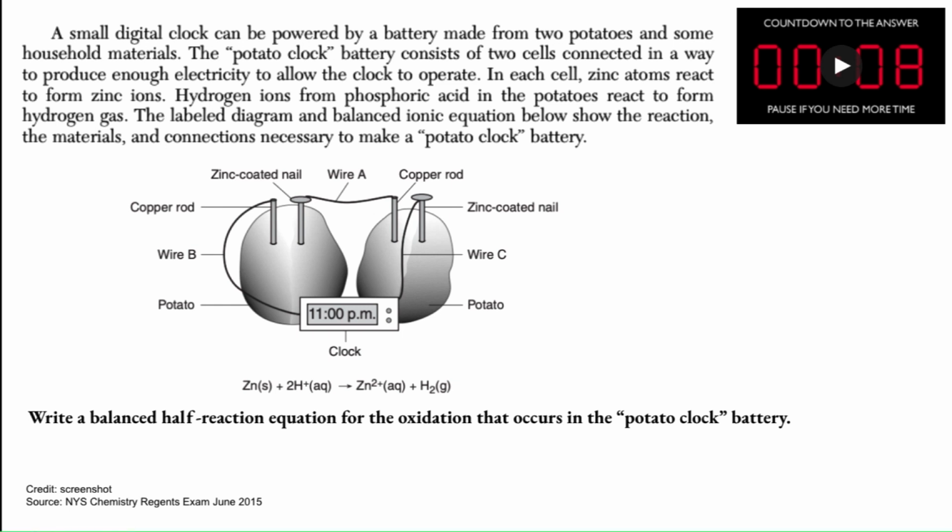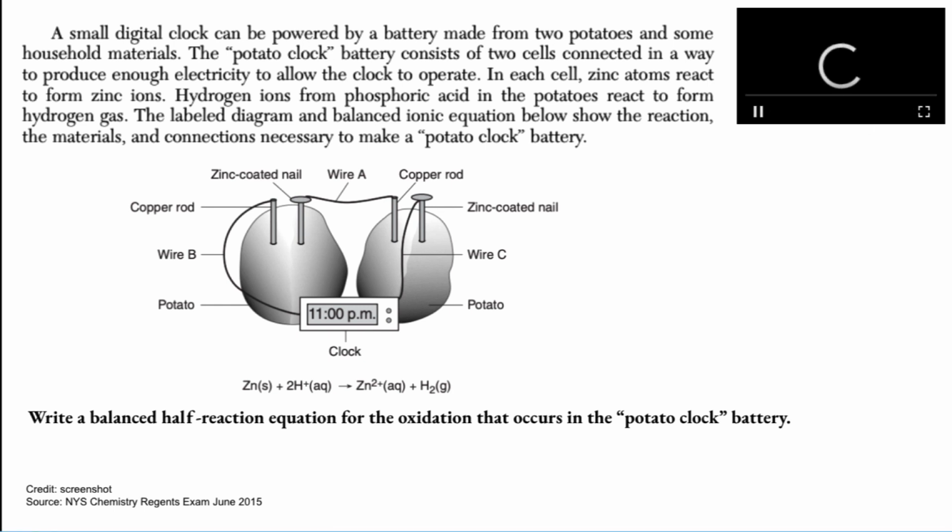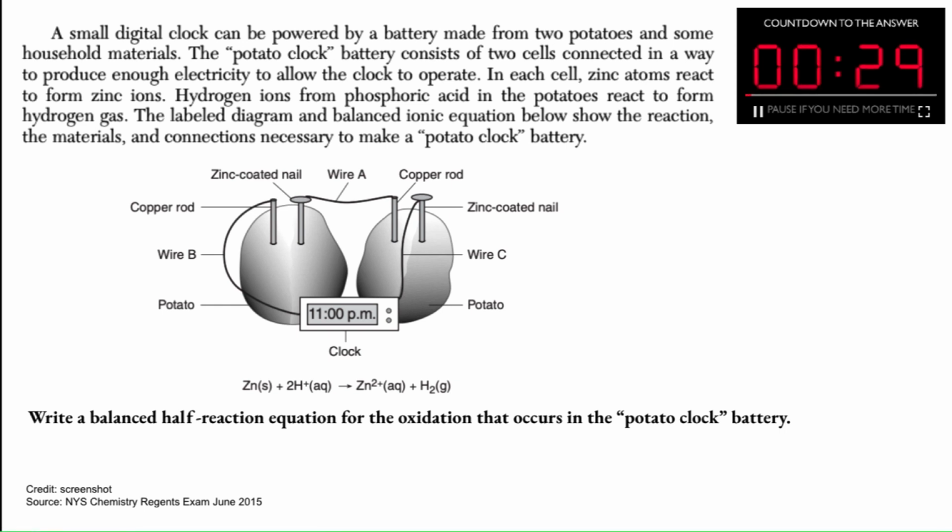The labeled diagram and balanced ionic equation below show the reaction, the materials, and the connections necessary to make a potato clock battery. You are going to write a balanced half reaction equation for the oxidation that occurs in the potato clock battery. Pause the video if you need more time to think about it, and notice that the reaction is giving you the charge of the ions involved in some situations.